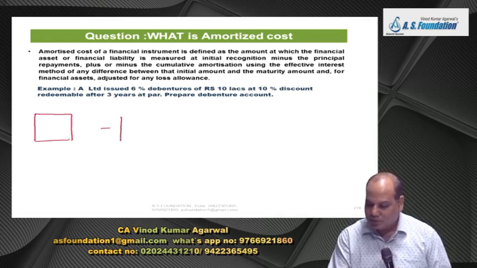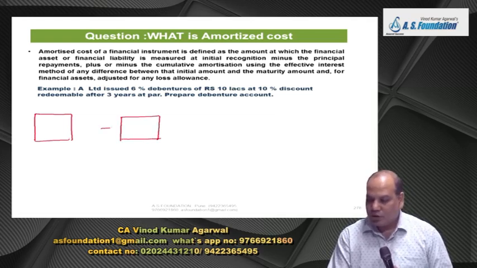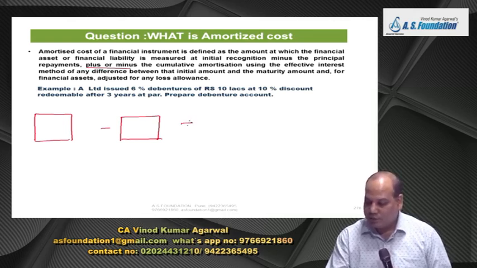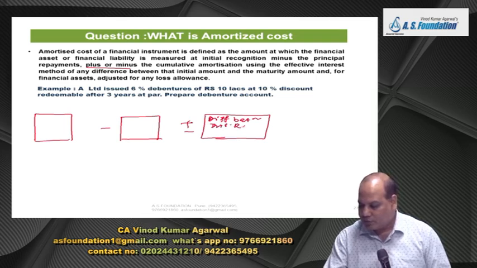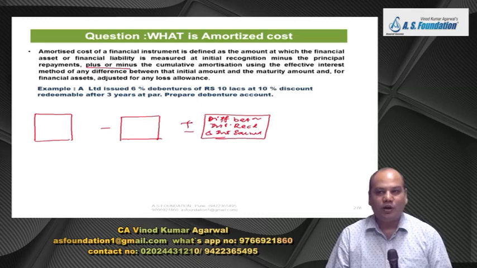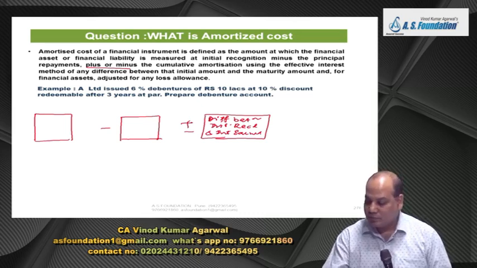Any principal repayment will be reduced, plus or minus the cumulative amortization. Now, what is plus minus cumulative amortization? It is the difference between interest received and interest earned. Now, what is the difference between interest received and interest earned?